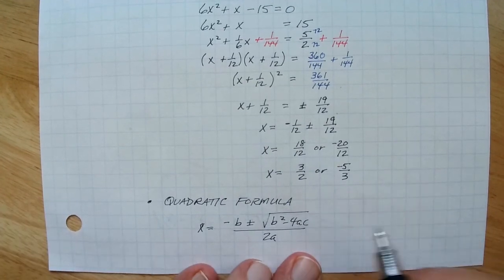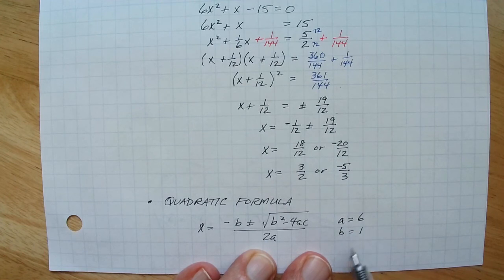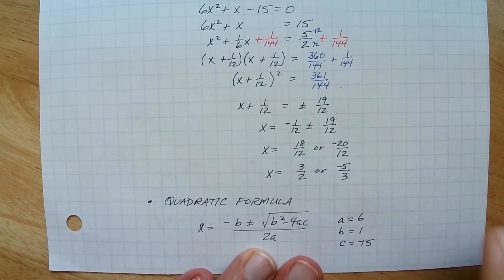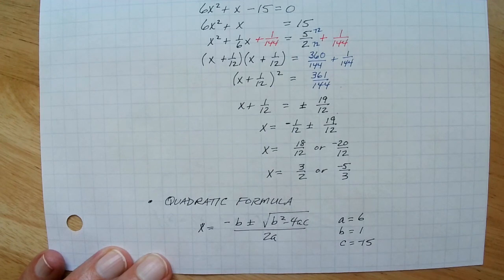So if we had plugged in for a our 6, b 1, and c negative 15, and we put those numbers into this formula and did all the math, we would hopefully get to the same answers we have here.